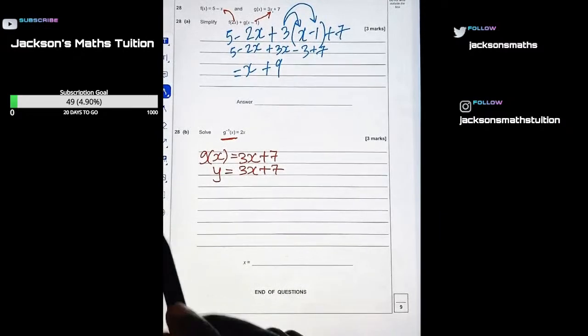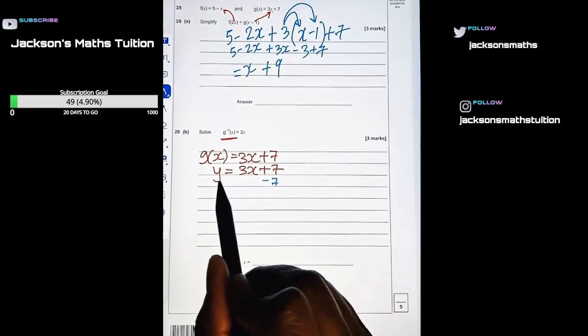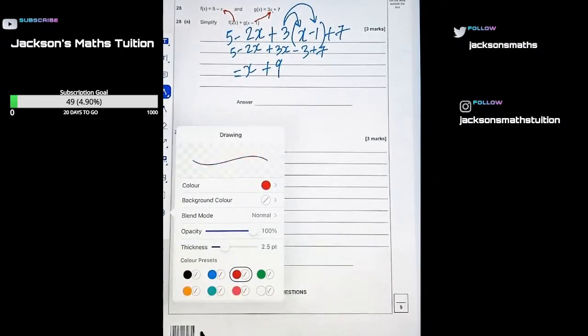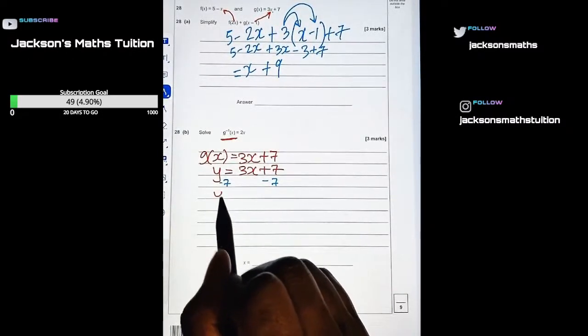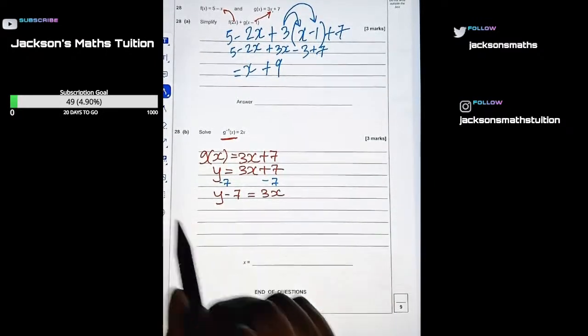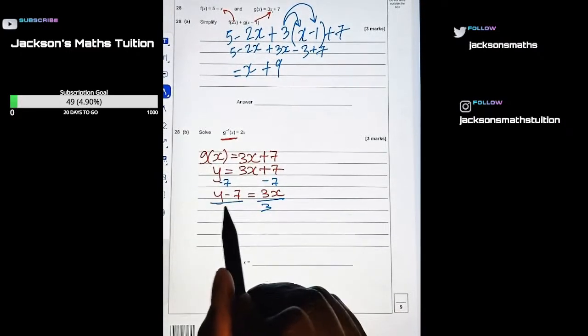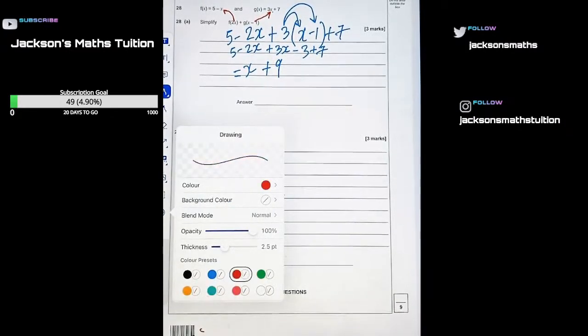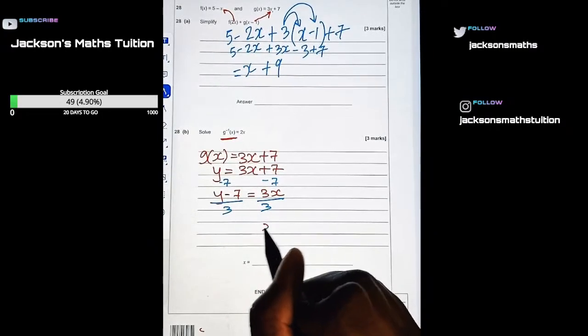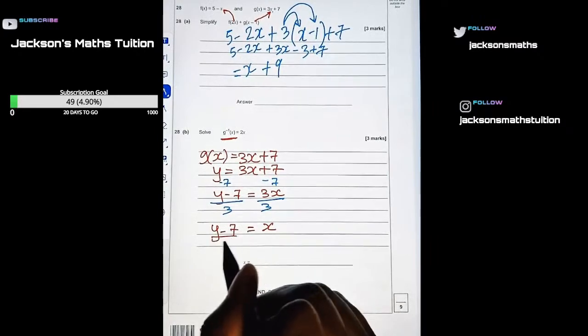So we're going to minus 7, and then we divide by 3. So x is y minus 7 over 3.